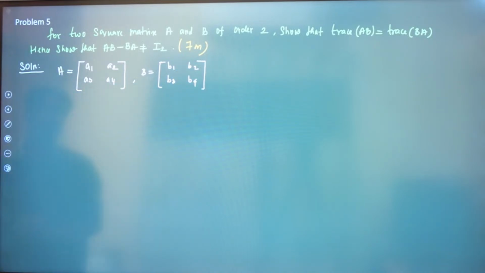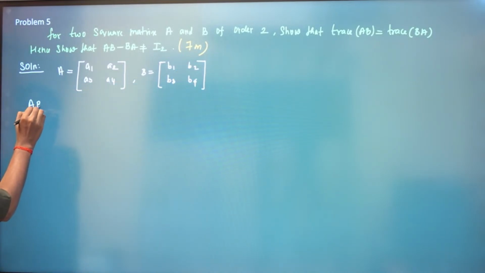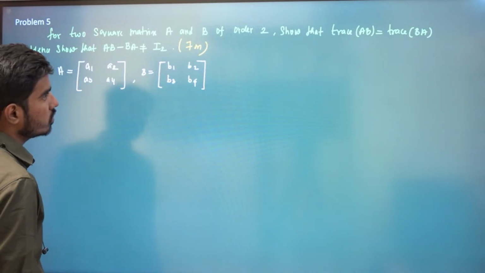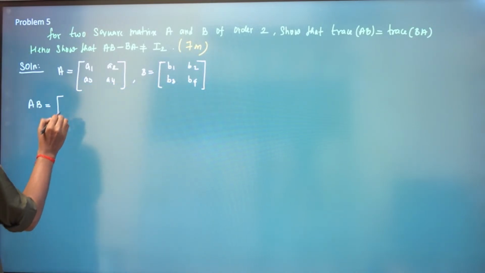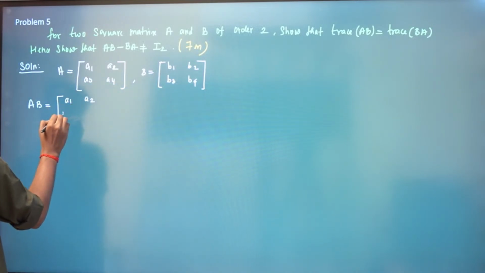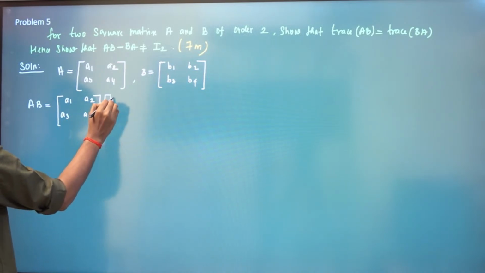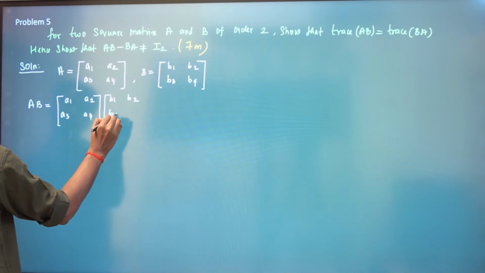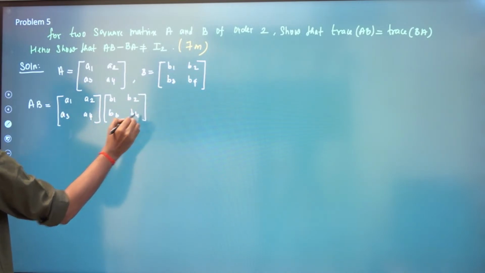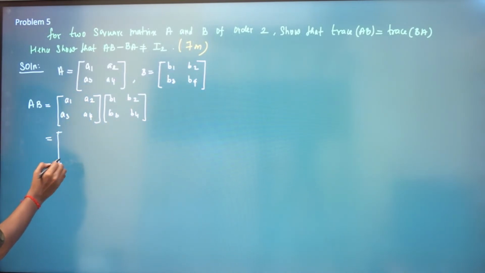Now what we'll do is we will find AB and BA. So AB is A1, A2, A3, A4 times B1, B2, B3, B4. So just multiply this. Very simple.